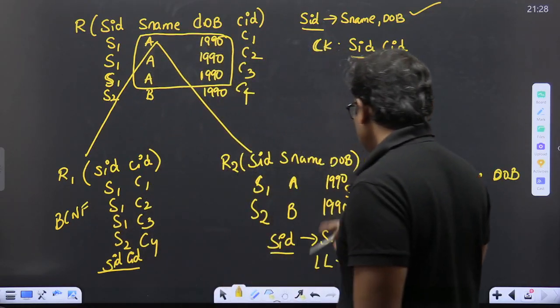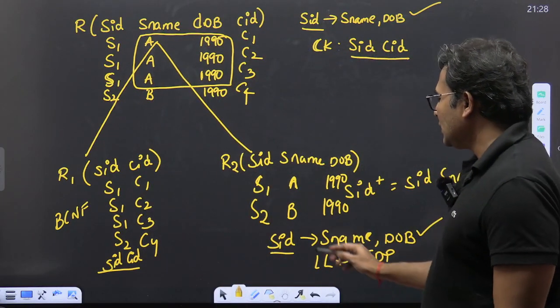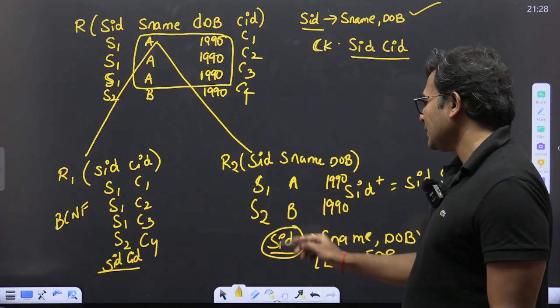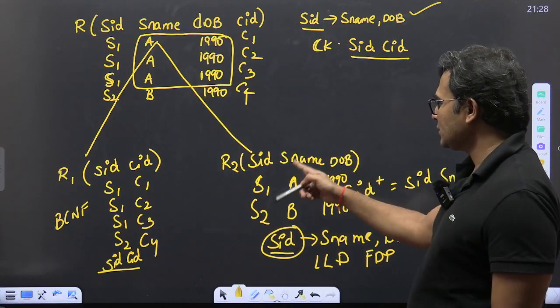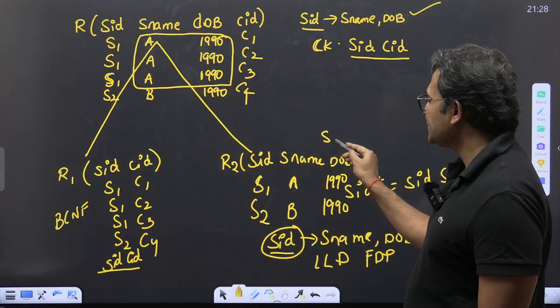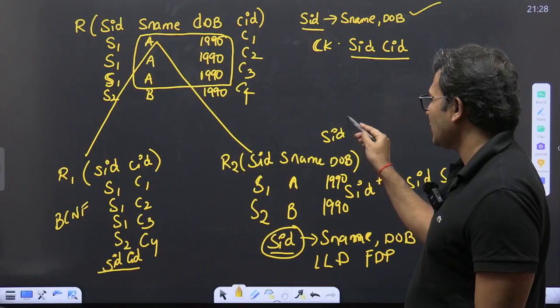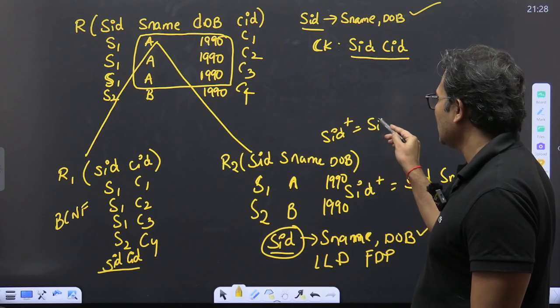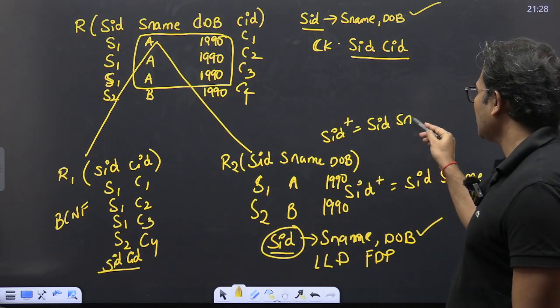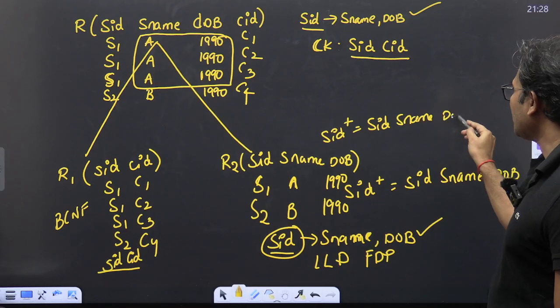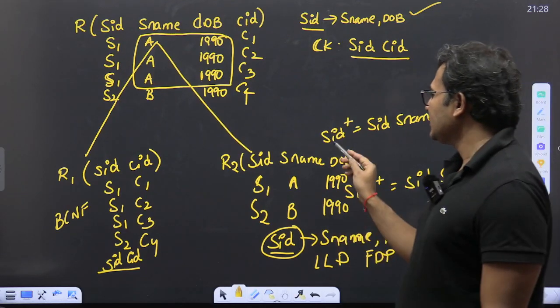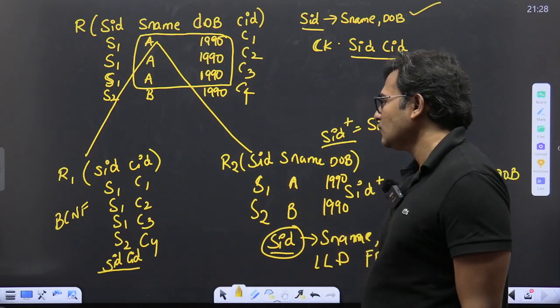And here in this table, if you observe it, the left hand side of the functional dependency is a candidate key, right? So for this table, SID is the candidate key, because if you find out SID plus, you are going to get SID, SNAME, and date of birth, right? Therefore, this SID is the candidate key for this table.